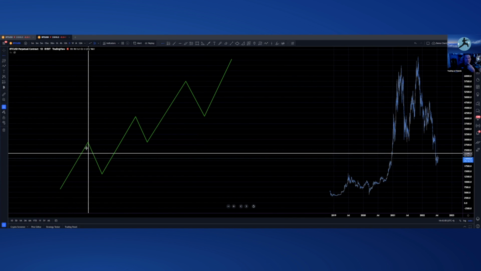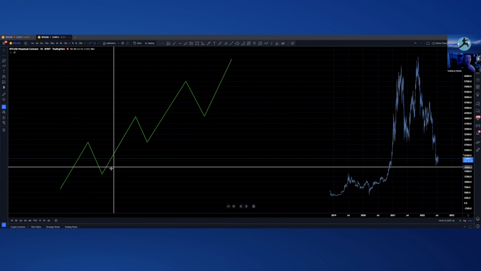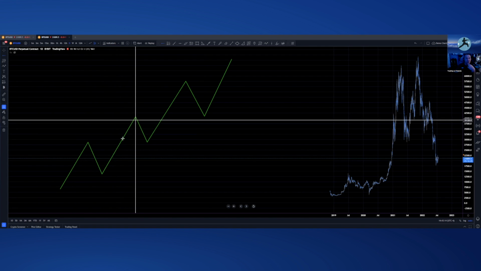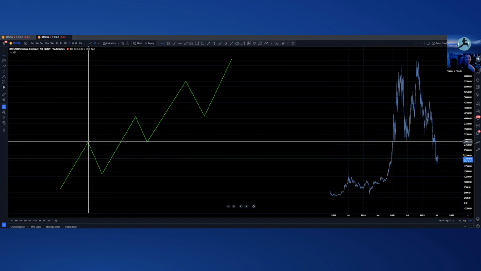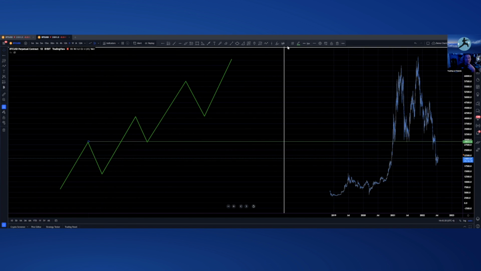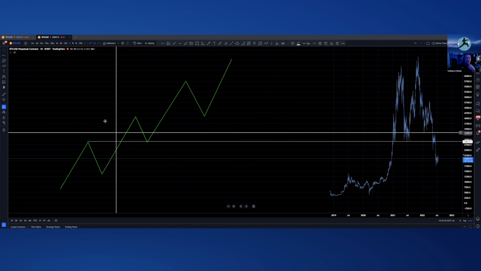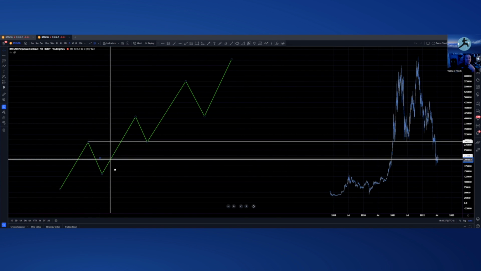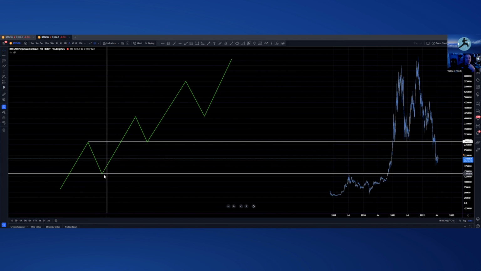So at this point in time, say we're right here, and this little impulse move up. So right now, that is our high. Let me mark that just white. And then let me mark another one. And this is our low.